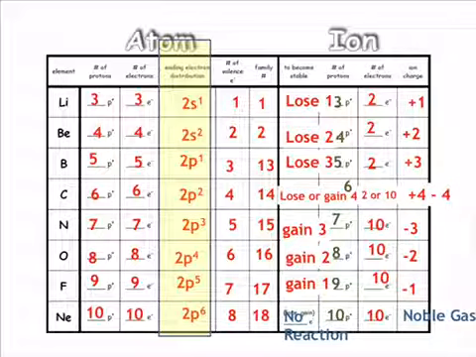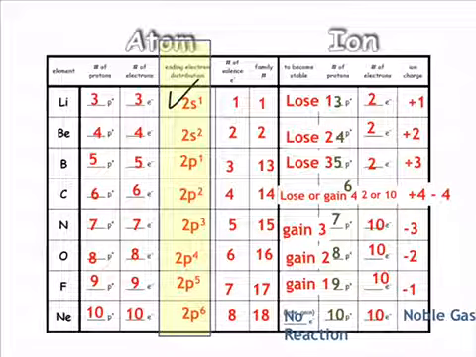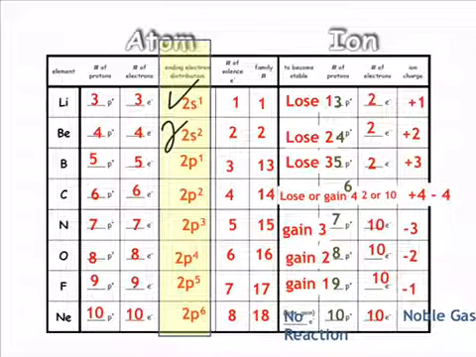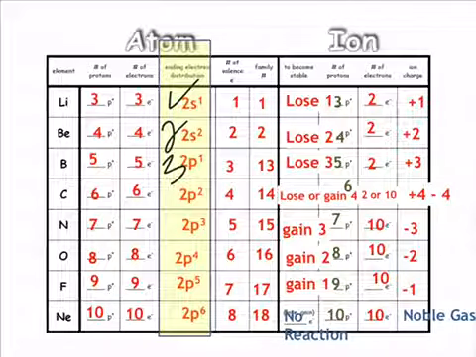Neon has 8 valence electrons. Lithium has 1. Again, we're really talking about valence electrons here. And when we learn to count valence electrons, there's our lithium with 1 valence electron. Beryllium has 2 valence electrons. Boron has 3 valence electrons.